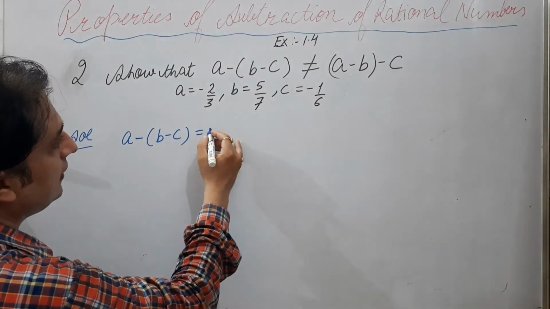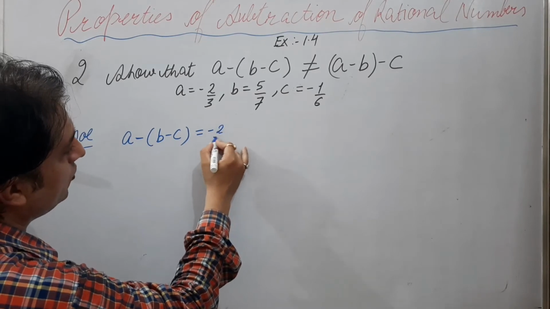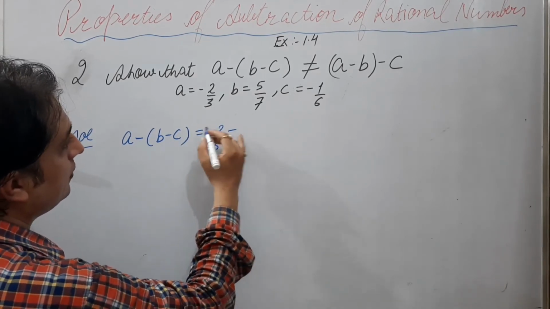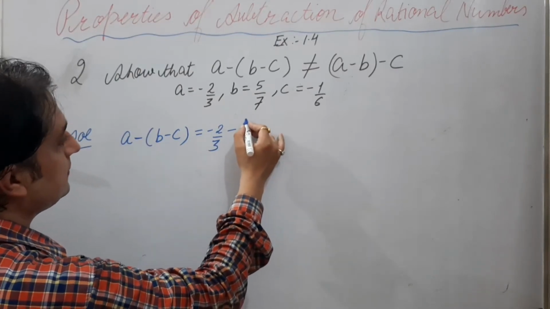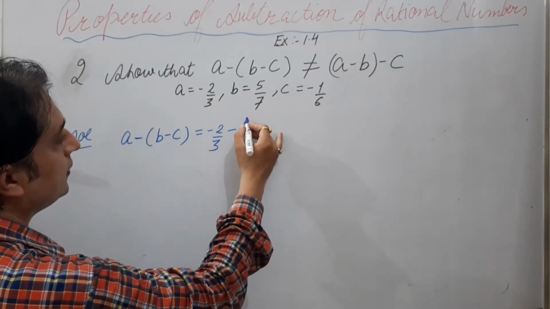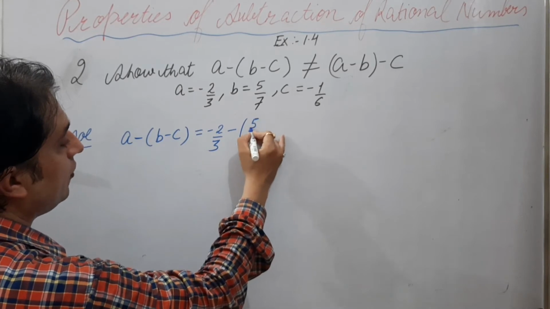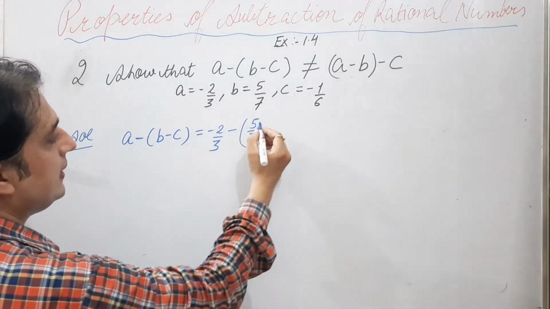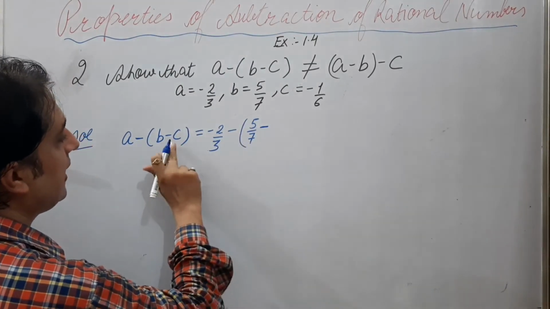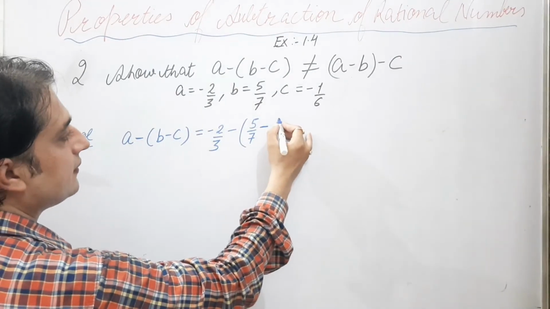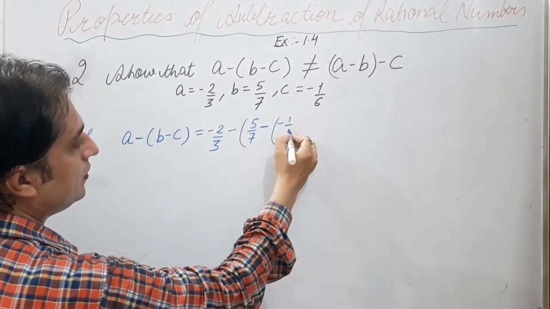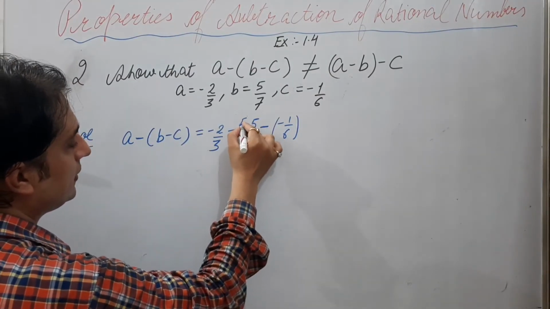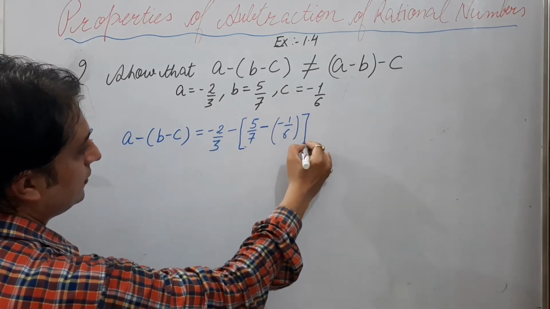So what is a? A is a negative rational number, minus 2 upon 3, and the subtraction operator. And next is b. B is what? 5 upon 7. Here the sign is minus, and c is negative, minus 1 upon 6. I can write here a new bracket, that is the square bracket.